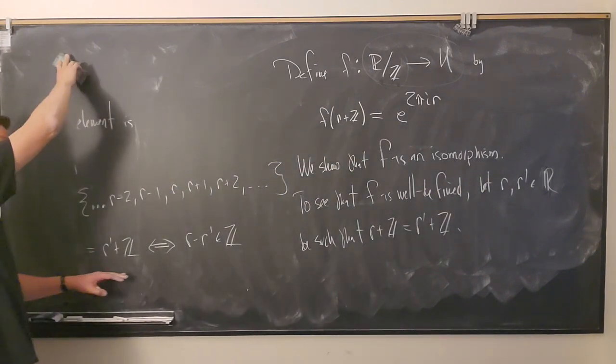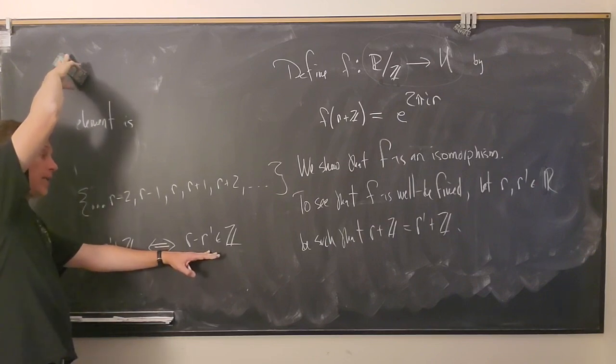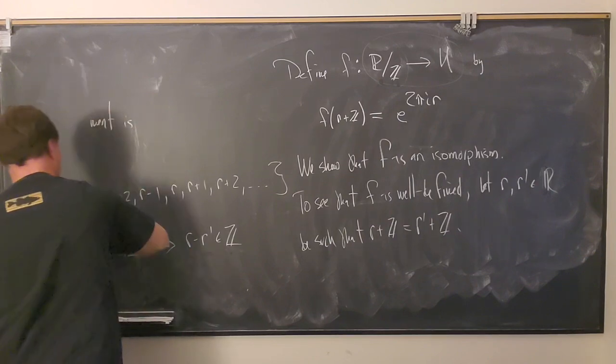Okay, I'm about to erase it, but what does that mean? That means that R minus R prime has to be an integer.